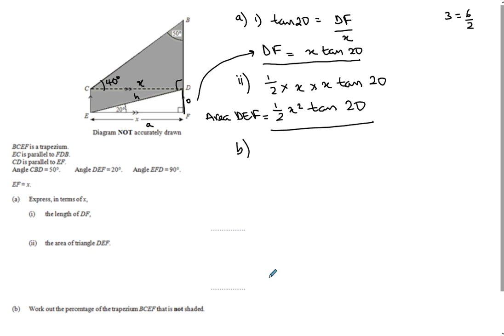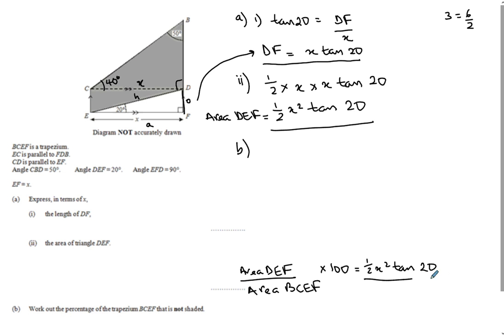We're going to go DEF, so the area of DEF divided by the area of BCEF, and then we're going to convert that into a percentage. Can you see we've already got the area of DEF, so we've got half X squared tan 20.